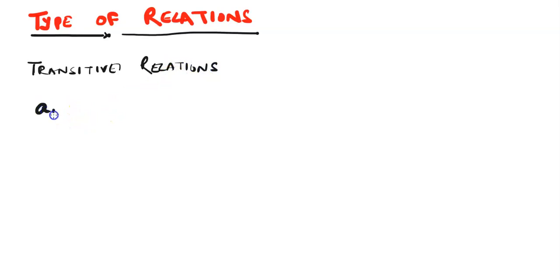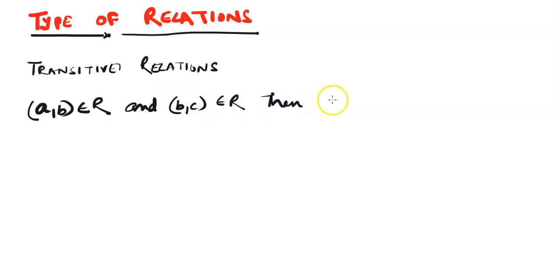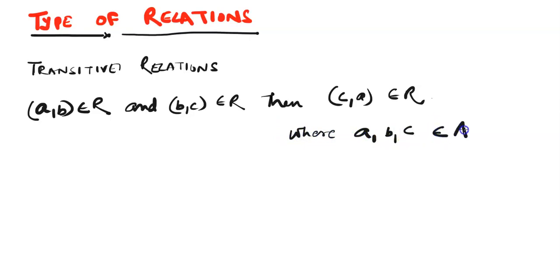If A comma B belongs to R and B comma C belongs to R, then A comma C needs to belong to R, where A, B and C belong to a set.